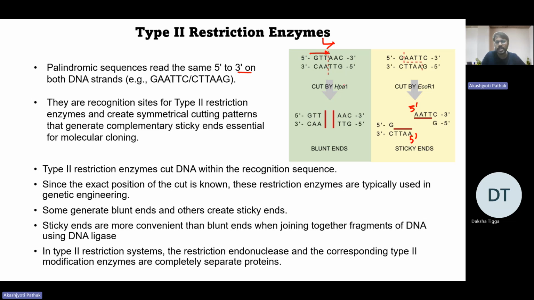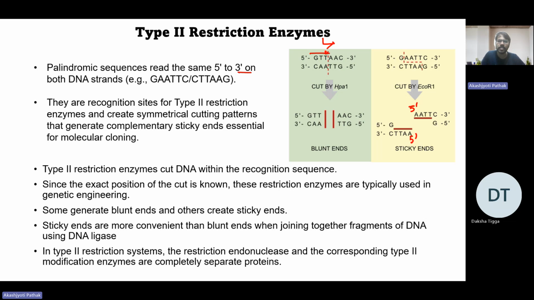If you see this figure, HpaI and EcoRI, both of these restriction enzymes have the same recognition sequences. Both are recognizing this GTTAAC DNA sequence, but one of these restriction enzymes is causing a sticky end, or a staggered cut, and the other is causing a blunt cut.